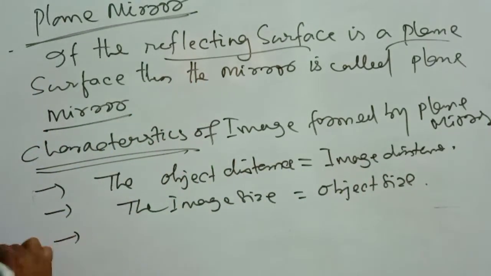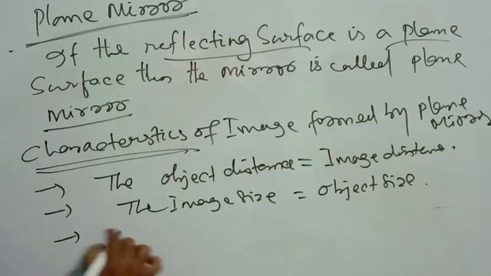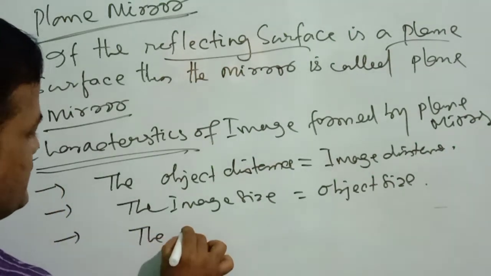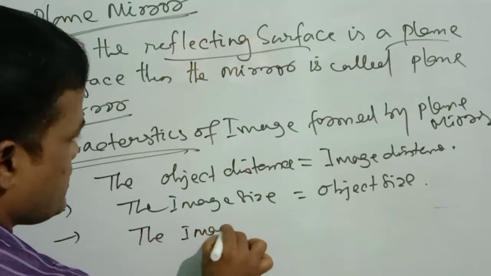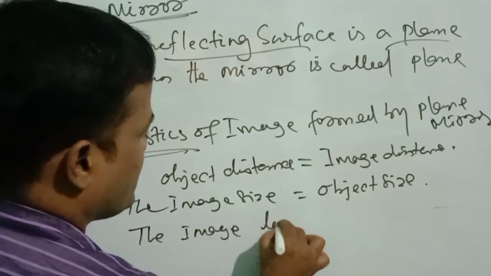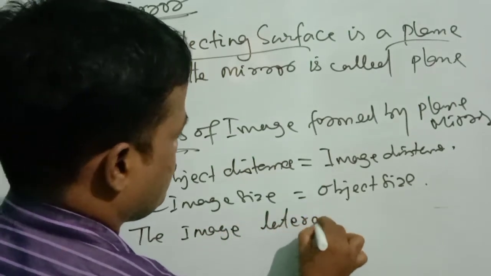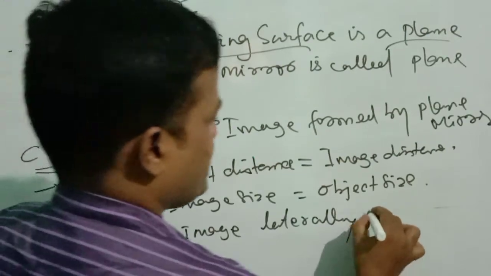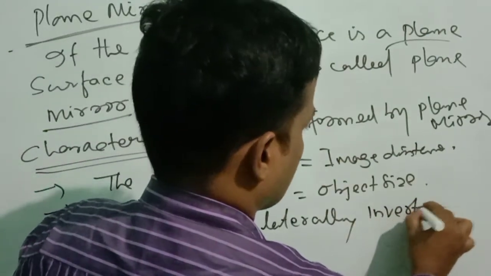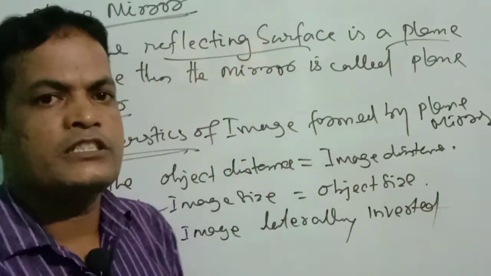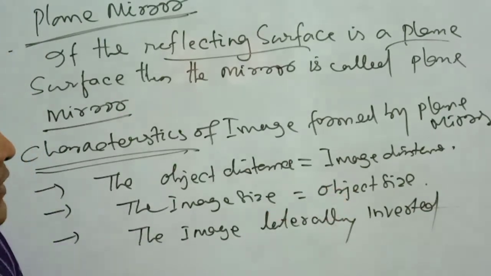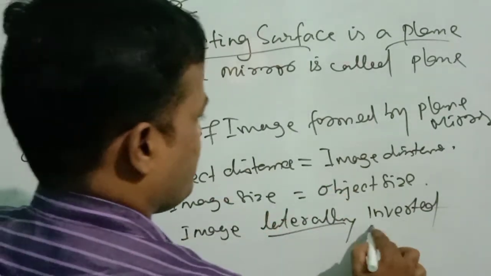Number three, the image is laterally inverted. Laterally inverted means the left appears right and the right appears left in the case of a plane mirror.